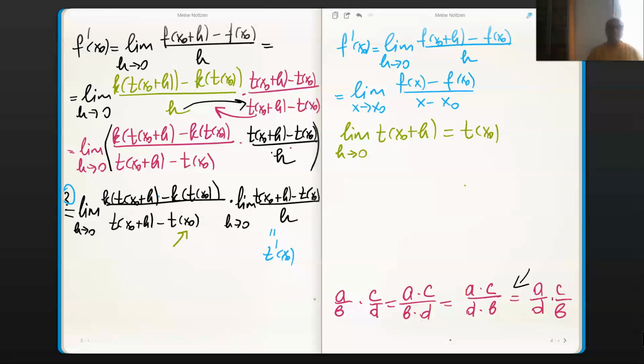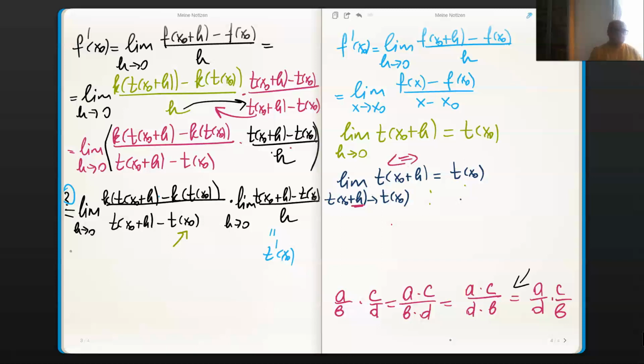So basically, it looks maybe a bit awkward now if I do it for the first time, and you haven't seen it here, but I'm not changing anything. Instead of writing h towards 0, I'm just writing t of xo plus h is running towards t of xo, of t of xo plus h. And this is equal to t of xo. You see that? So what I'm saying here, h is disappearing. H value is disappearing.